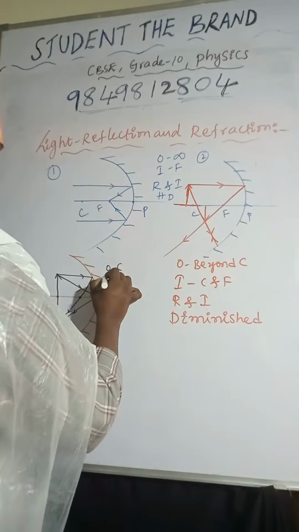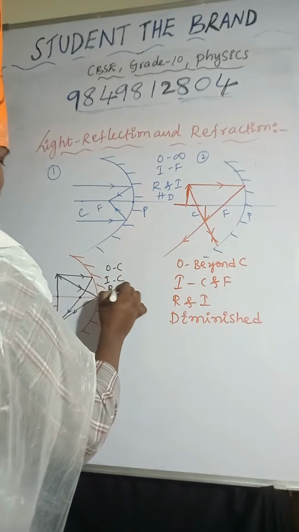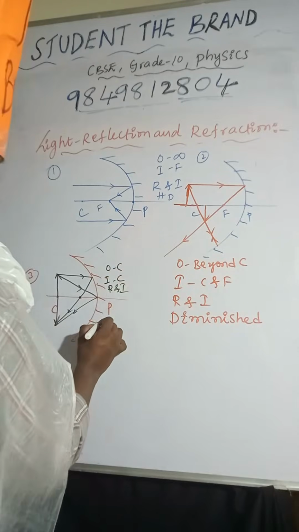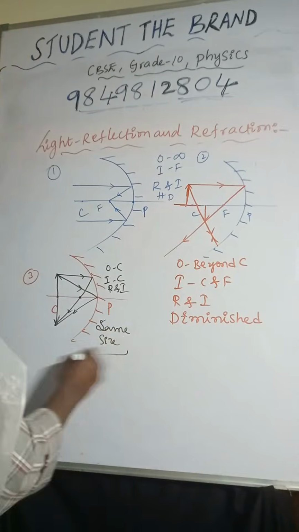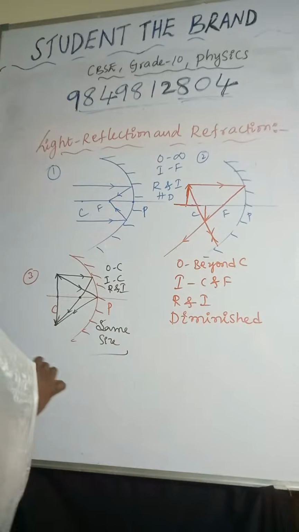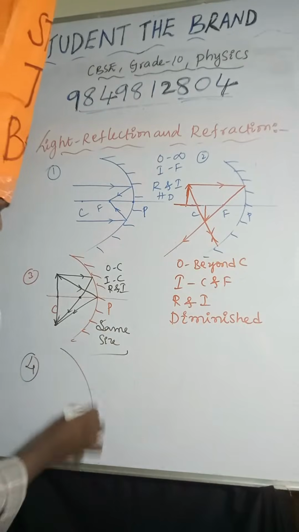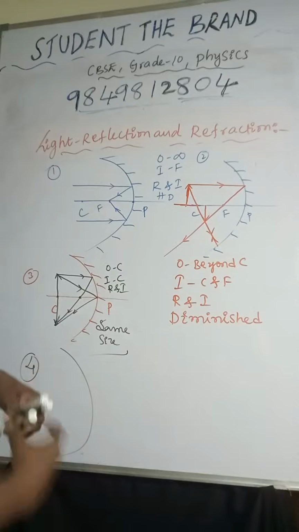Object is at C, image also will form at C. Nature of the image is real and inverted. Size of the image is the same size. Okay. Next one, fourth one. So coming to the fourth one.